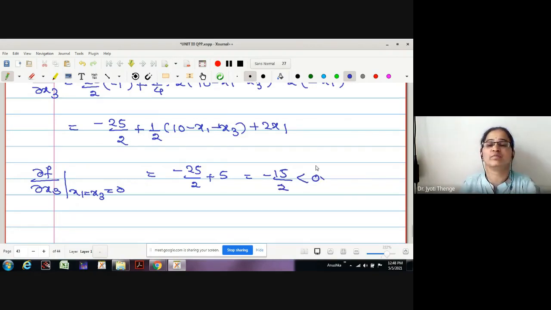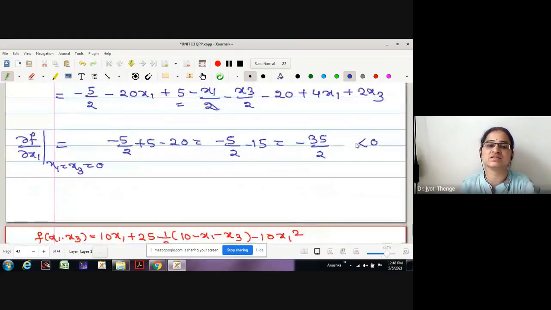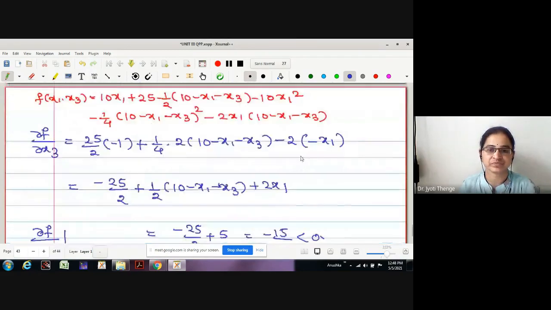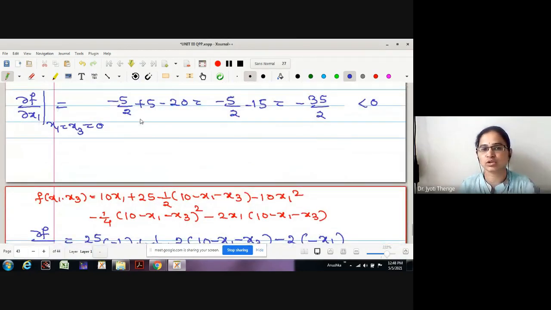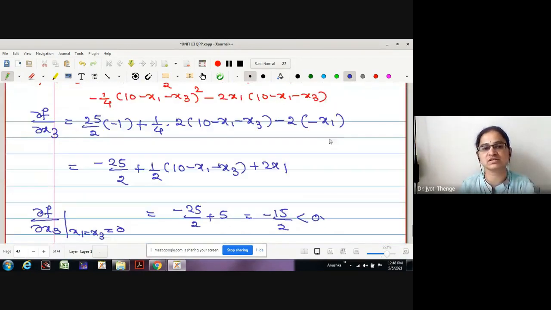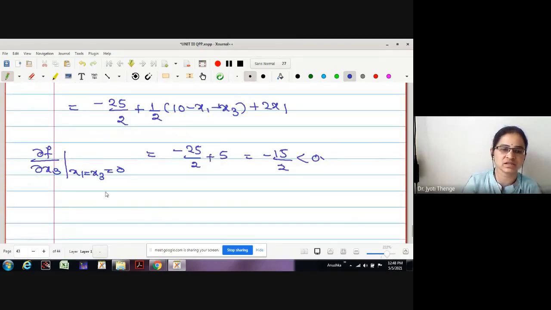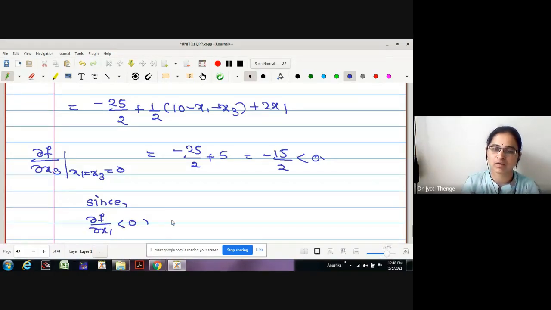See, anyhow we have obtained both the partial derivatives less than 0. What does it mean? Dou f by dou x1 is less than 0, dou f by dou x3 is less than 0. What does it mean? You have to stop the process, no?